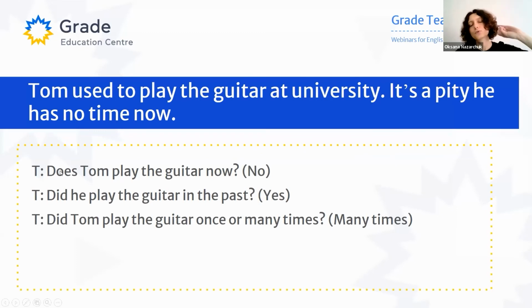Happened in the past repeatedly, doesn't happen now. So we ask, does Tom play the guitar now? No. Did he play the guitar in the past? Yes. And did Tom play the guitar once or many times? Many times. Now, these questions actually address the meaning of the structure. And they are not overcomplicated, and the target structure is not used there.